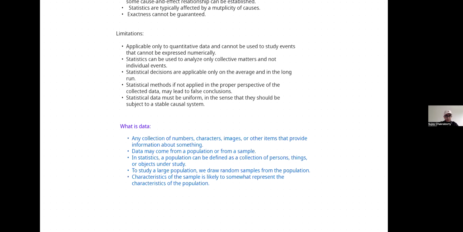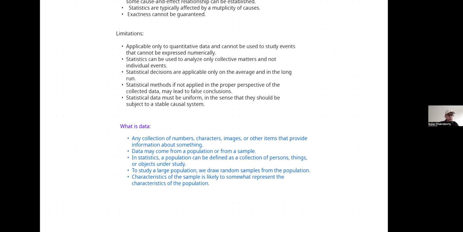So now the question is, what is it that we do with data, right? So we collect data from either a population or maybe we draw a sample from the population and then we collect data from the sample, right?